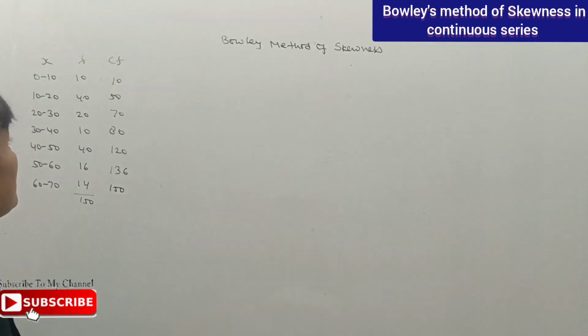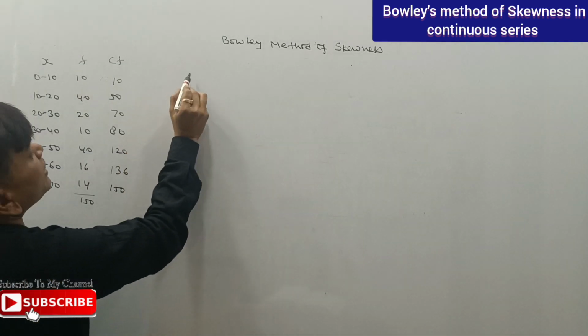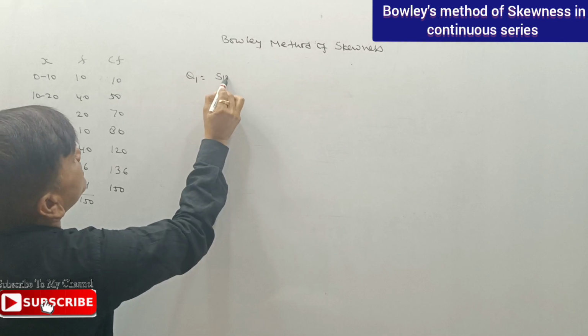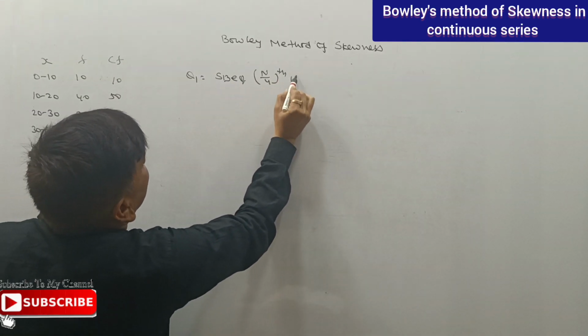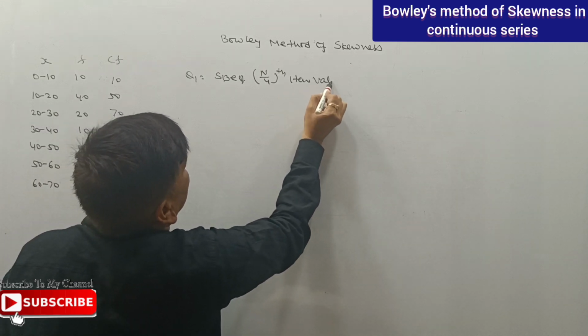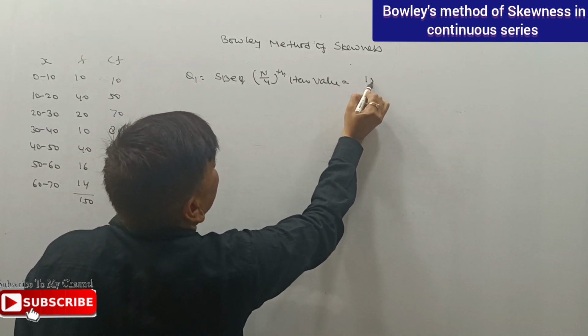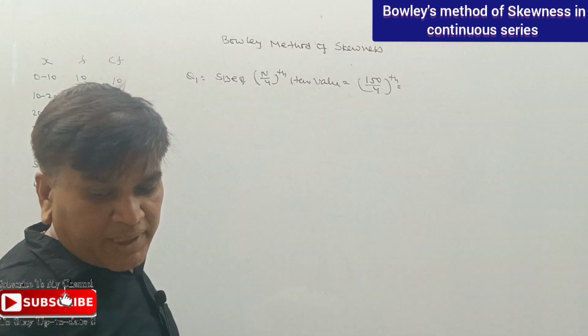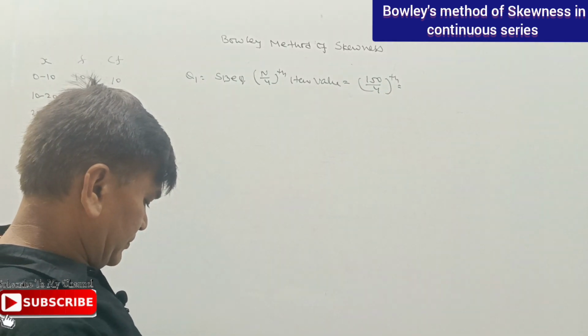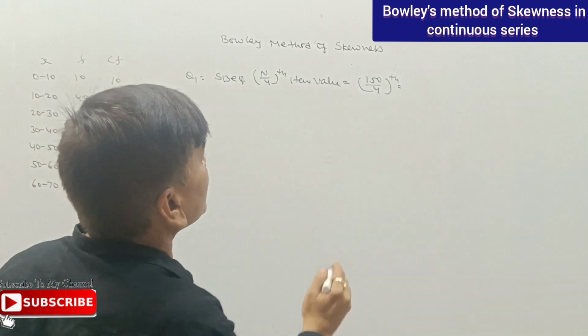For getting the value of Q1, that is the size of the n by 4th item, that is 150 divided by 4, which is 37.5.